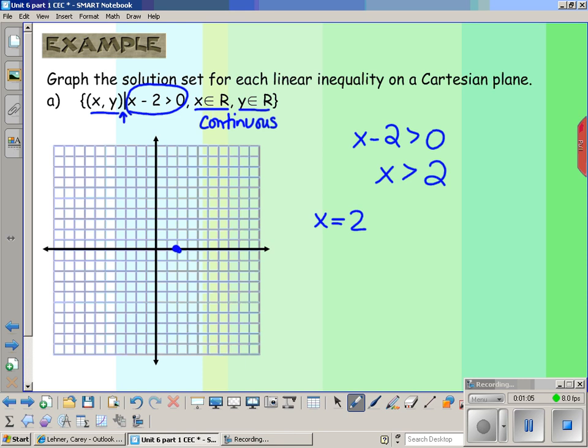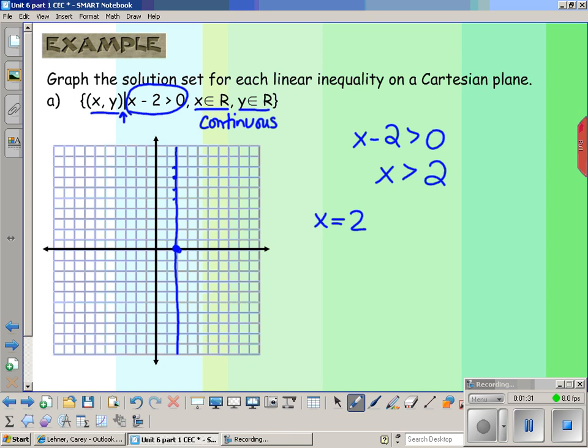There is no y-coordinate, and if you think back to previous math classes, when you are left with just one variable, we are dealing with either a vertical or a horizontal line. And if we have an x-intercept of 2, that means it must be a vertical line. Every point on this line has x values of 2.